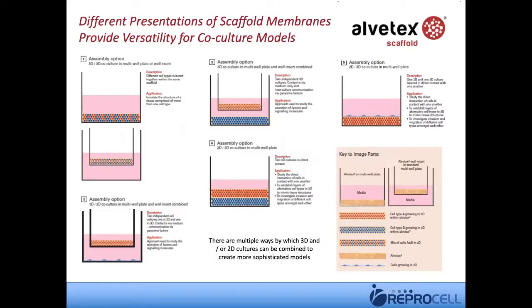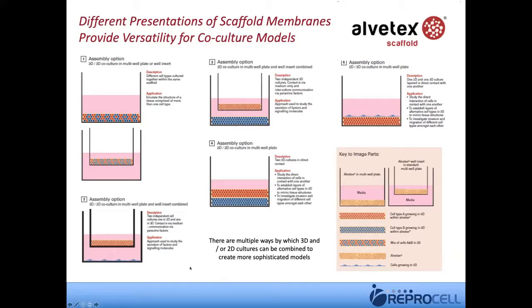There's also the opportunity of designing experiments for the culture of multiple cell types. Because of the nature of Alvetex and the different product formats, there are various ways in which this can be done to help customers design their experiments for their particular needs. For example, imagine the scaffold in the bottom of a multi-well plate, and here we have 2 different cell populations.